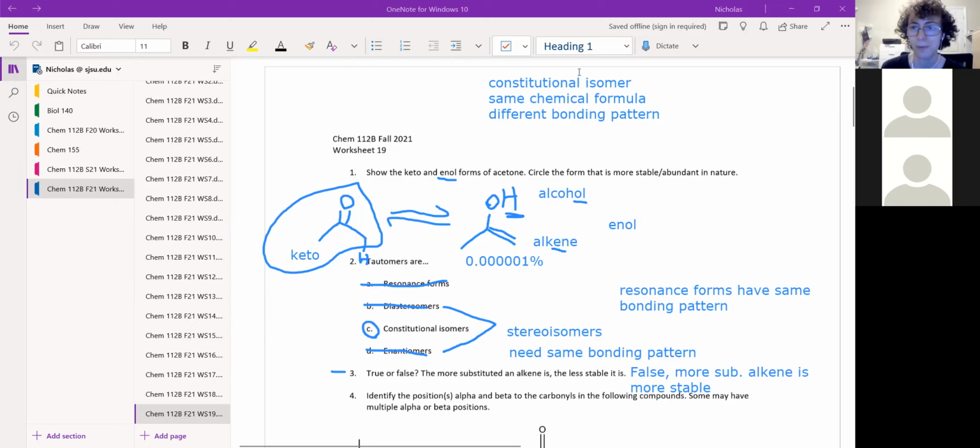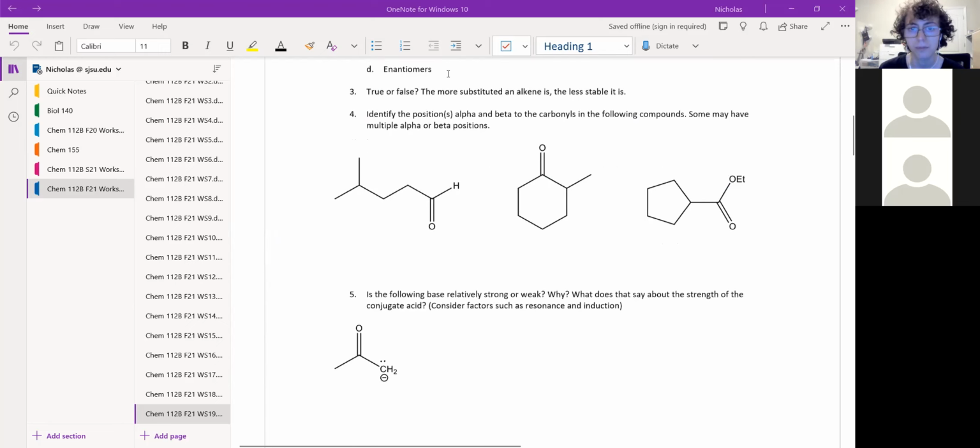Okay, so I'm going to erase the screen and go to the next one. We've been talking about it more in class now, but for the next two chapters, we're going to be looking at alpha and beta, reactions that affect those two positions a lot. So it's good to be able to identify at a glance what's alpha and what is beta.